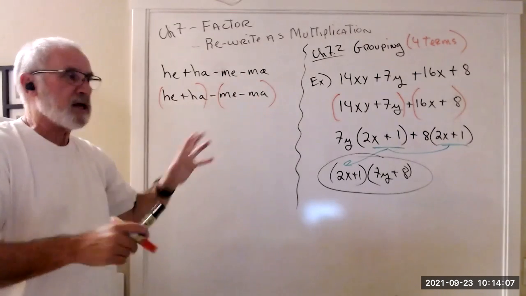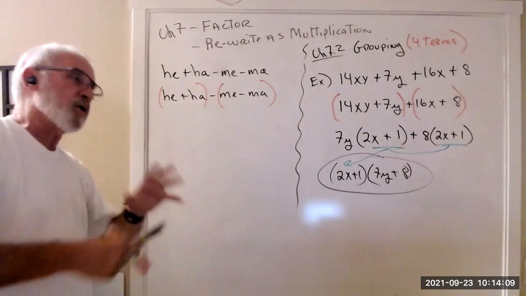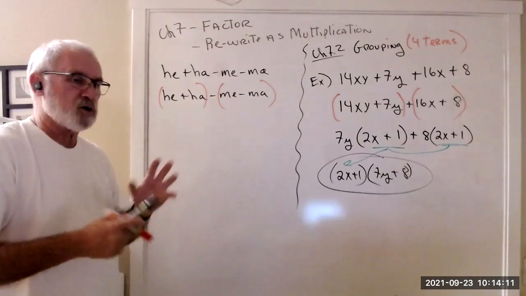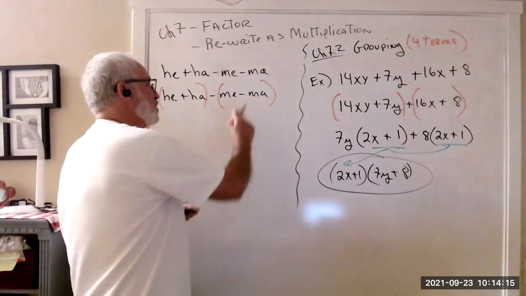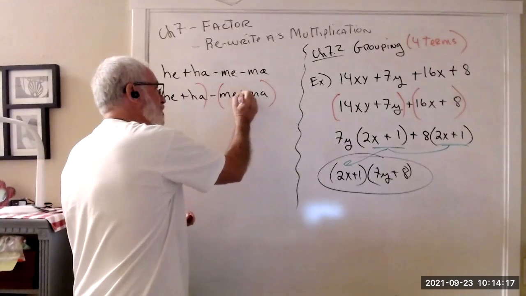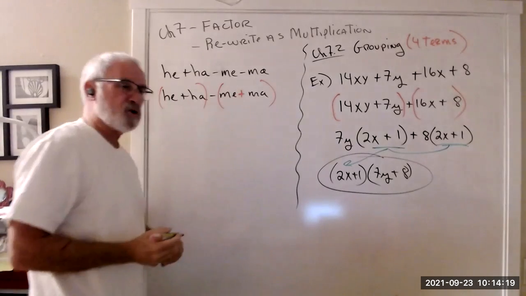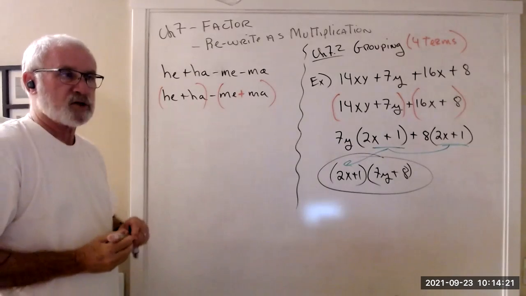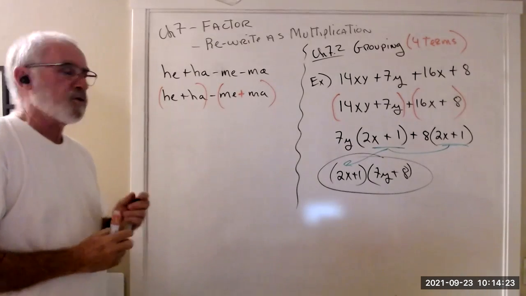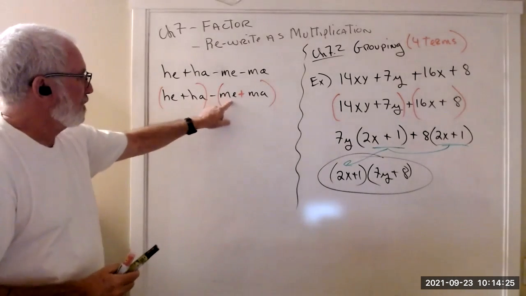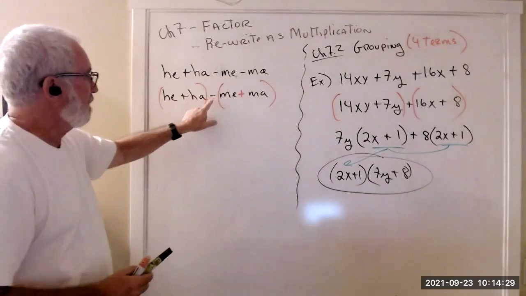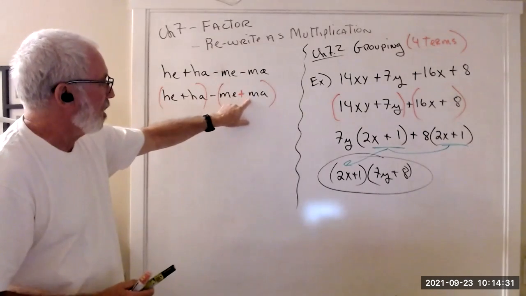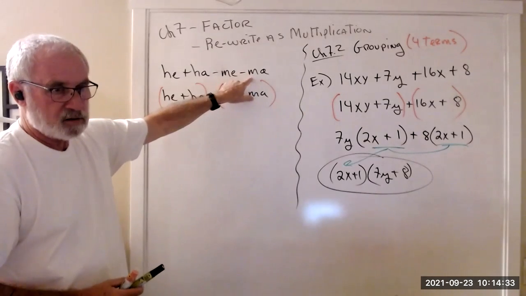You can't change a problem. You can change what it looks like, but you can't change what it's worth. So I suggested, and there's other ways this could be taught, that you just simply cheat. You just change it to a plus. So now, if you distribute the minus, you have minus me. That's what I had originally. And a minus times a ma is a minus ma.